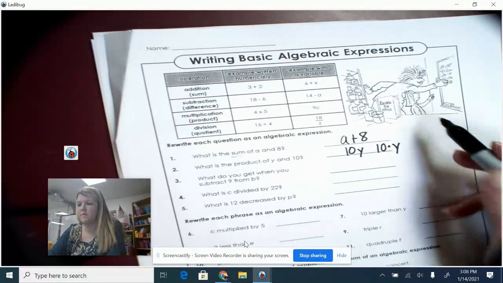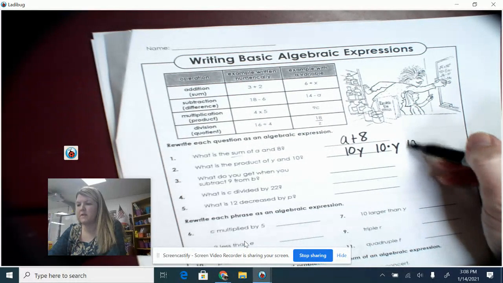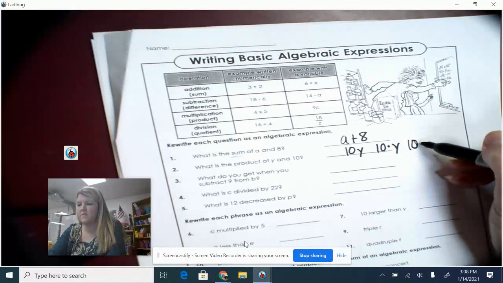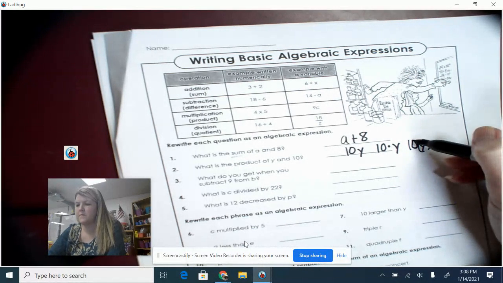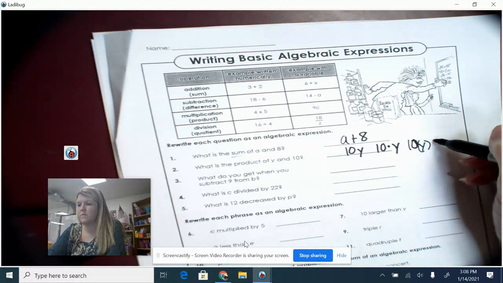And then, if you wrote it with parentheses, that would be another way that you could show this. So 10(y). So that would mean to multiply.